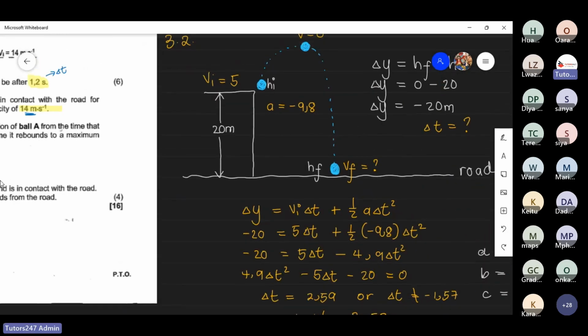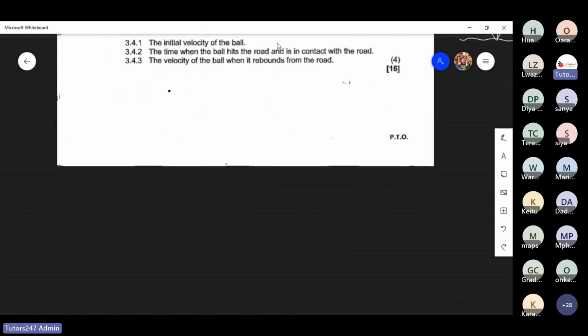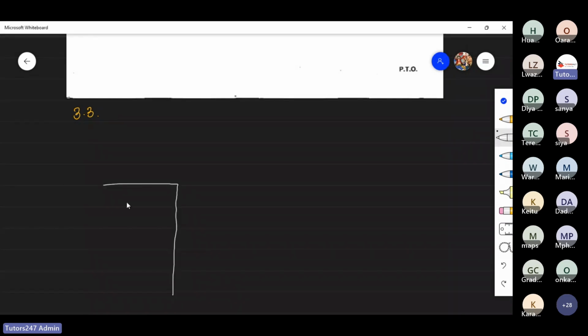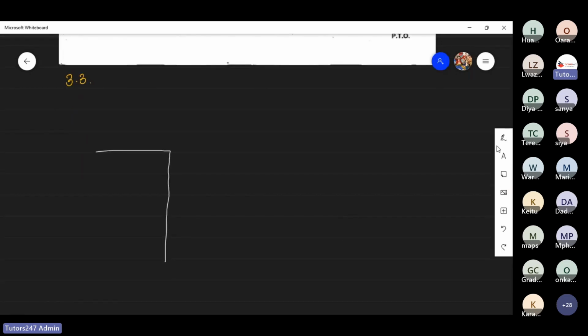Okay, so I'm not going to continue with that one. Let's quickly see if we can redraw one. So we have 3.3. Now, keep in mind, I know my bridge looks like a building, but please bear with me. So that will be our bridge, okay? Assume that to be your bridge.